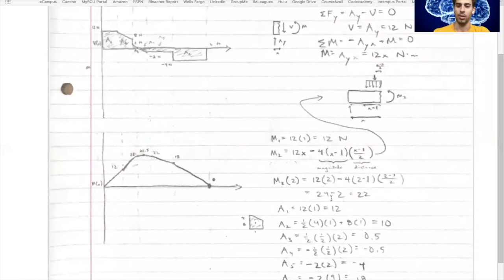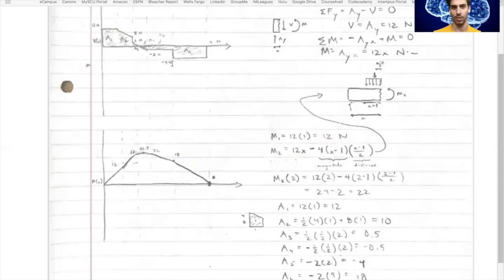So these earlier ones confirm the moments I calculated before. This area is 12, so it will go up to 12, up another 10 to 22, up 0.5 from this little triangle right here, A3, then down another 0.5, and then down 4 because this rectangle is 2 by 2.